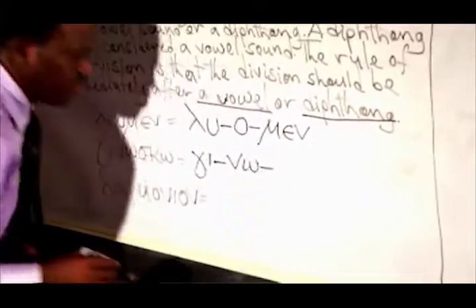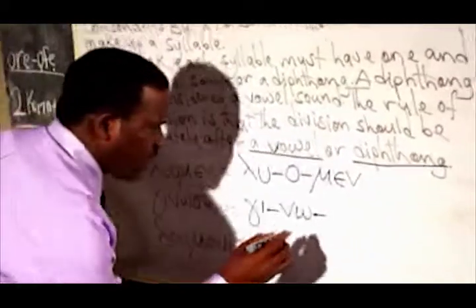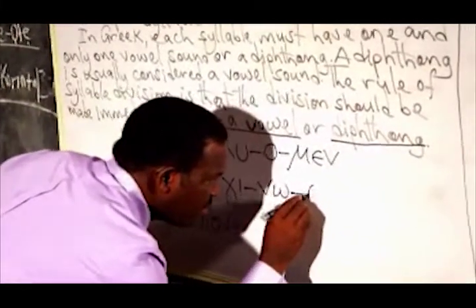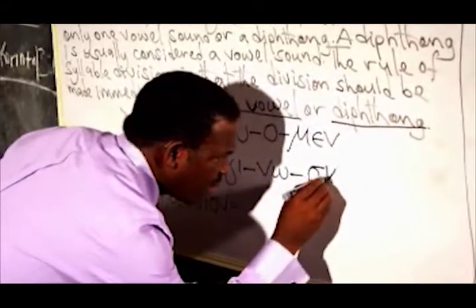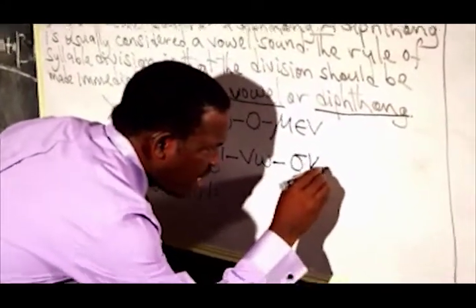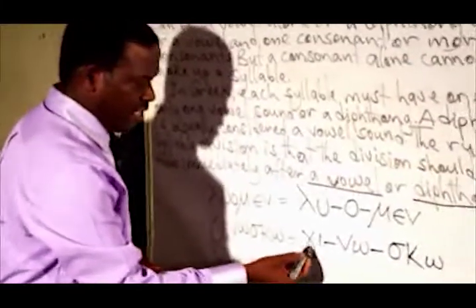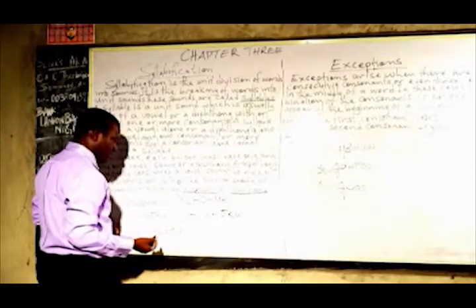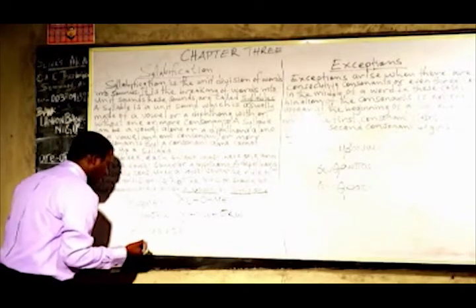We draw it again: no. So we have two syllables already. G, no. Then the last syllable, we have sigma, kappa, and omega: scope. So we have G, no, scope. Three syllables.